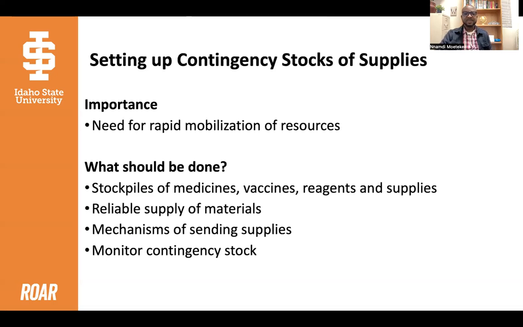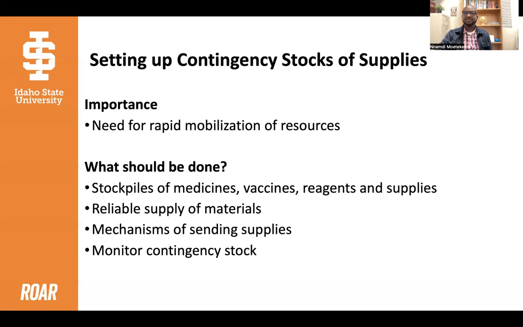So what does it mean to set up a contingency stock of supplies as part of preparation for an outbreak in the future? Preparation and setting up of contingency supplies is important because outbreaks and other public health emergencies require the rapid mobilization of resources such as vaccines, medicines, and laboratory supplies. So what then should be done?